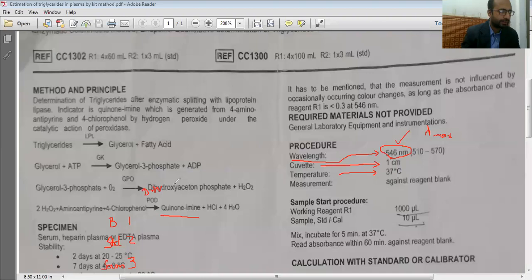Second reagent is R1. Third is R2, that is the standard. And the third reagent is serum, in which we need to estimate the triglycerides. These are the reagents.